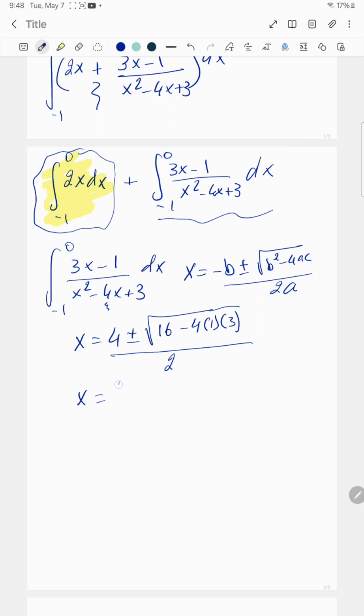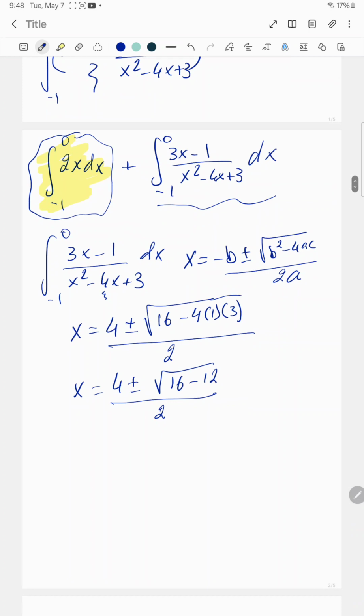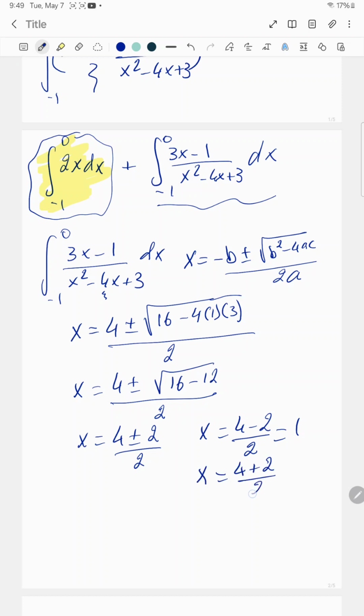So my x is equal to 4 plus or minus the square root of 16 minus 12, divided by 2. 16 minus 12 is 4 and the square root of 4 is 2. So my x becomes 4 plus or minus 2 divided by 2. My first x is 4 minus 2 divided by 2, which is 2 divided by 2, equal to 1. And my second x is 4 plus 2 divided by 2, which is 6 divided by 2, equal to 3.